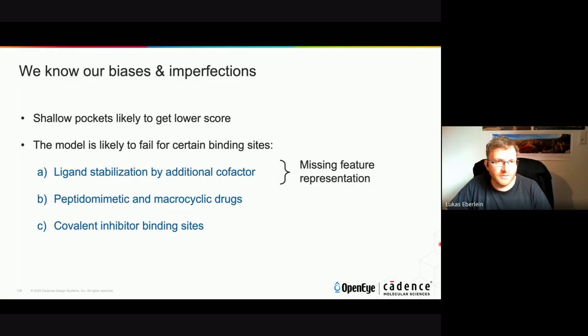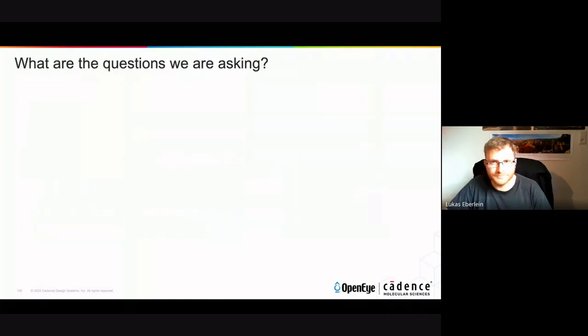Some of them are just missing a feature representation in our model, and others we will miss because of insufficient examples in the training set.